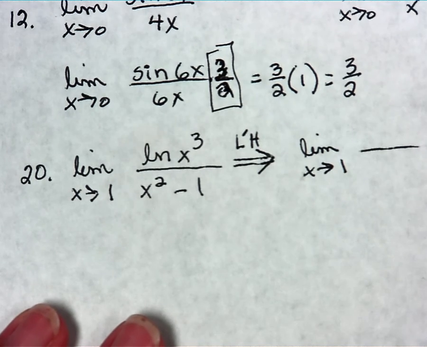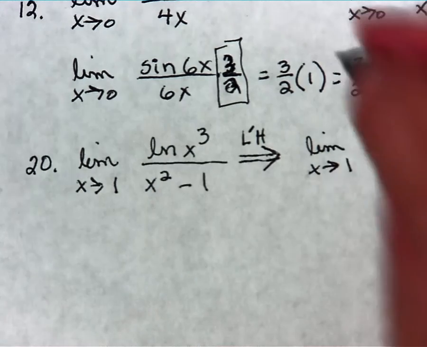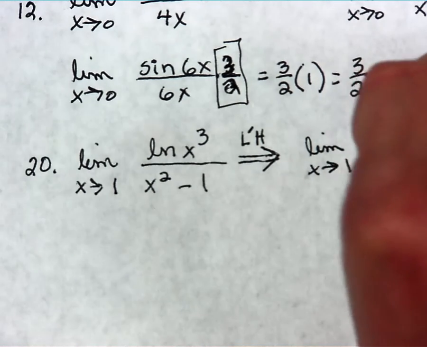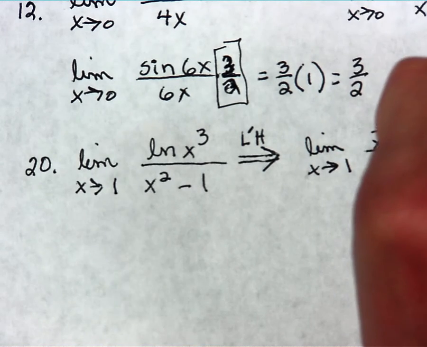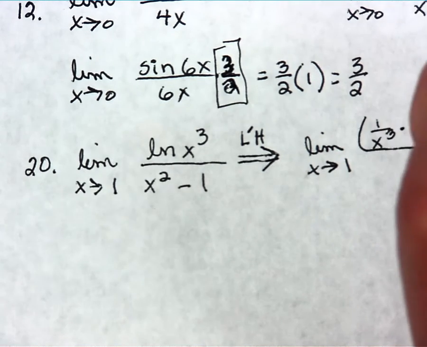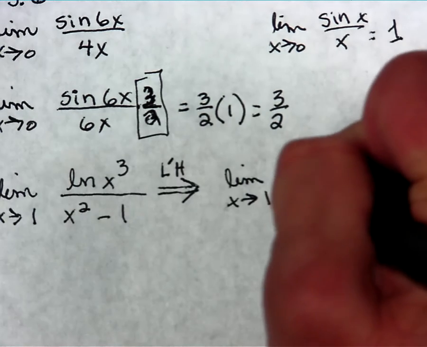Okay, you took a step further than I did to begin with. I thought natural log of ugly is 1 over ugly times the derivative of the ugly. And if you can clean that up in your head and skip your step, yay. If not, then write it down. What about the derivative of the denominator? Plus 2x.